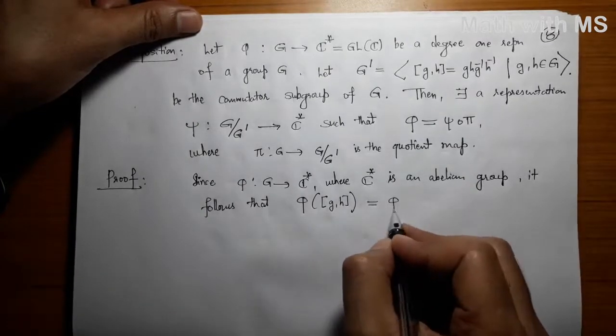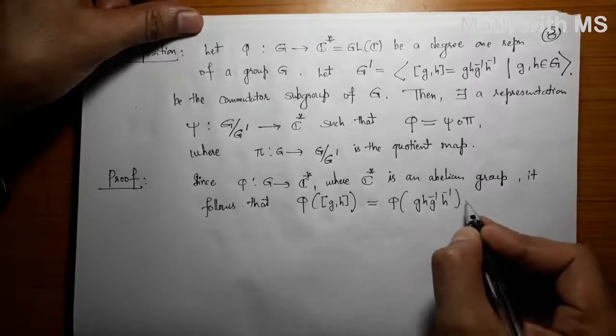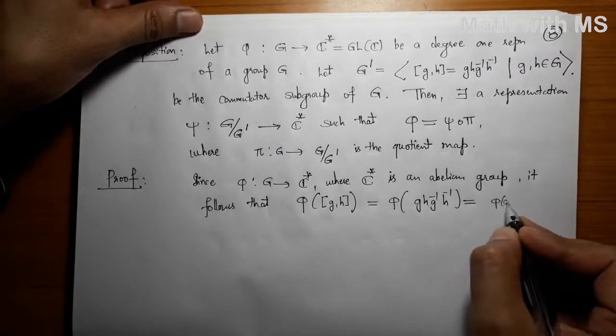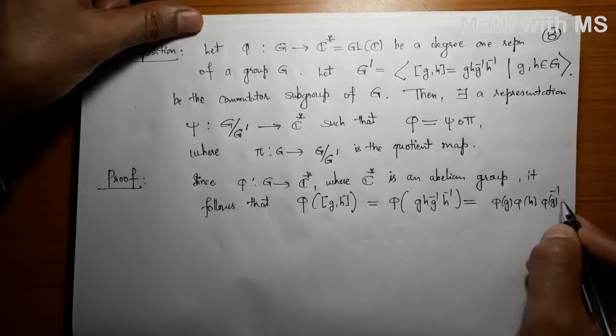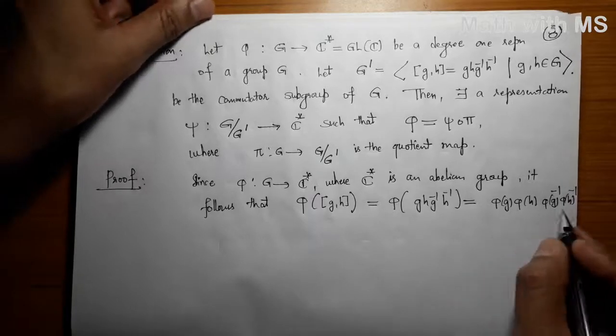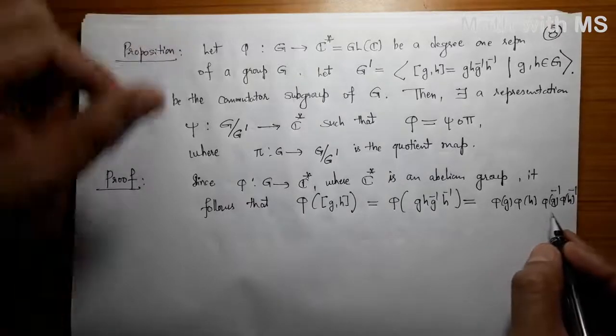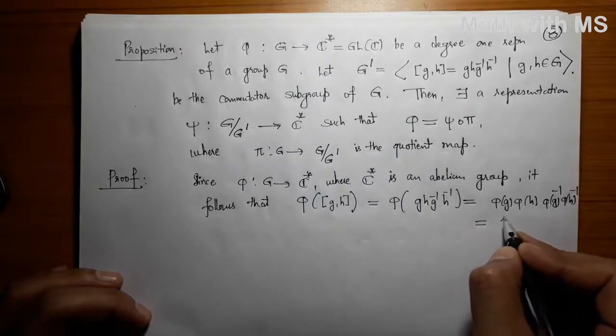This by definition is phi of G H G inverse H inverse. Phi is a homomorphism, so it becomes phi(G) phi(H) phi(G inverse) phi(H inverse). But this element is in C star, which is abelian, so it gets cancelled, this just becomes 1.